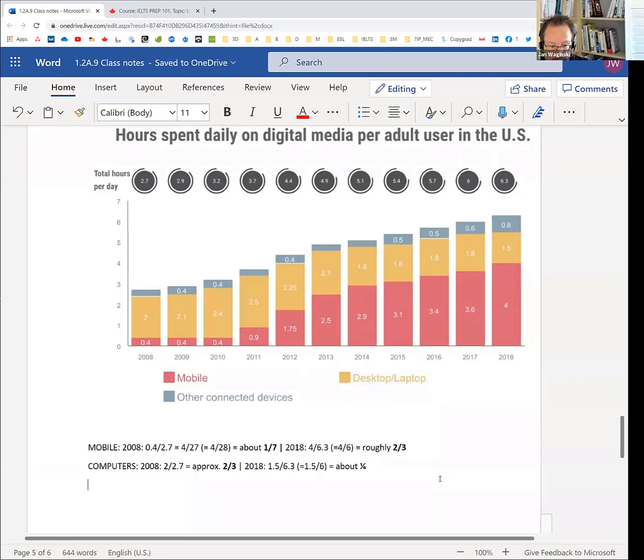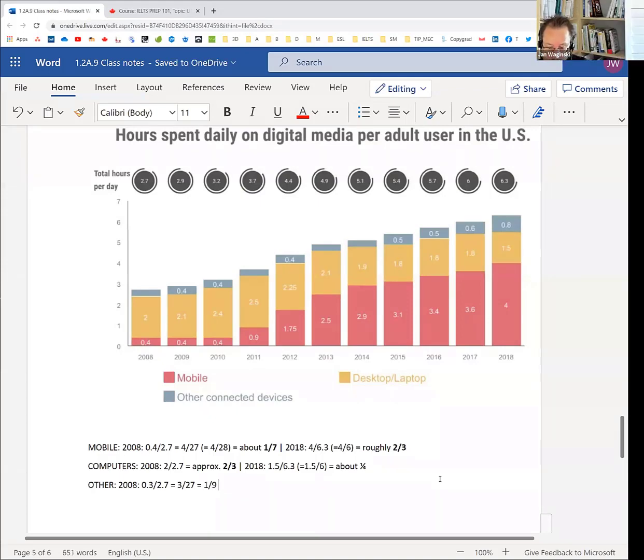And then finally, other in 2008 was 0.3 over 2.7. This one goes in perfectly. 3/27 is 1/9. 9, 18, 27. That's a ninth.